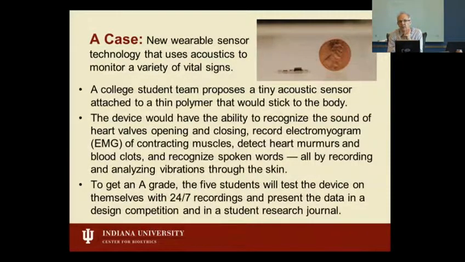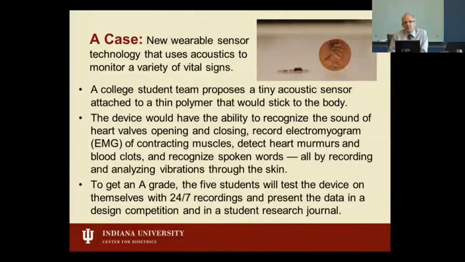The device would have the ability to recognize, for example, sounds of heart valves opening and closing, recording electromyograms of muscles, heart muscles particularly, and would potentially be able to detect heart murmurs, blood clots, or any sorts of obstructions in the flow. So there'd be flow recognition, and it could even detect some level of spoken language, words, because it's recording in the chest and close to the vocal cords.